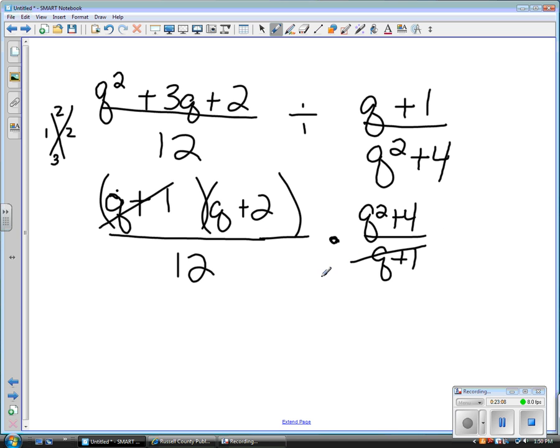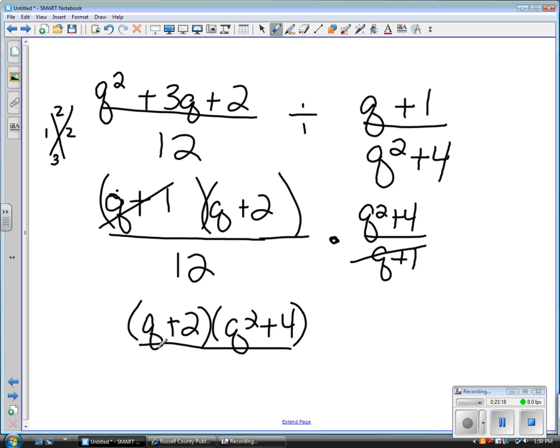All right, so now what am I going to have left? So when I multiply, you agree that Q plus 2 times Q squared plus 4 looks like this, and 12 times 1 would look like this. And that's your answer. I can't go down any farther.